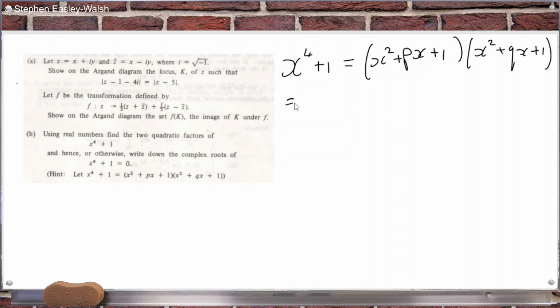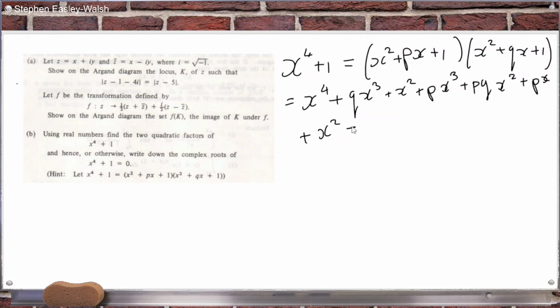Okay, so that equals x^4 plus qx cubed plus x squared plus px cubed plus pqx squared plus px plus x squared plus qx plus 1.